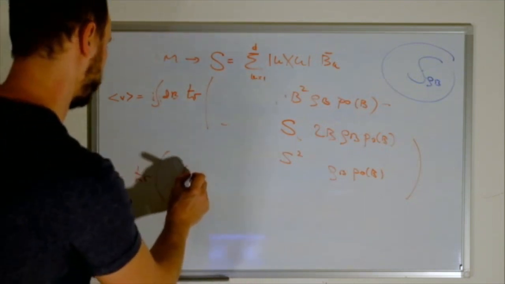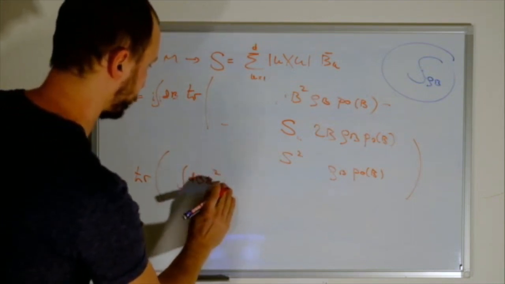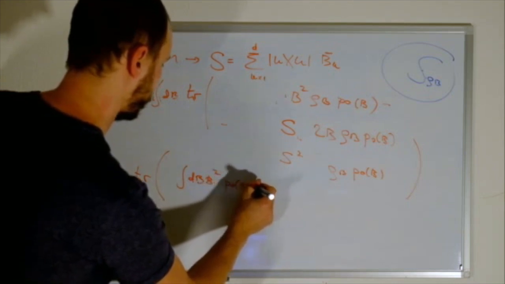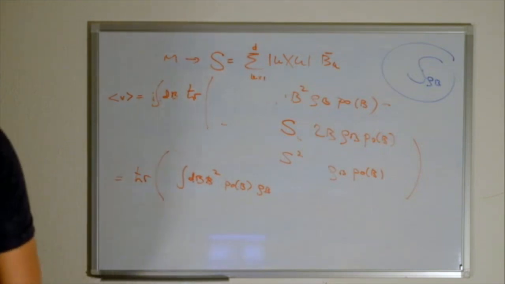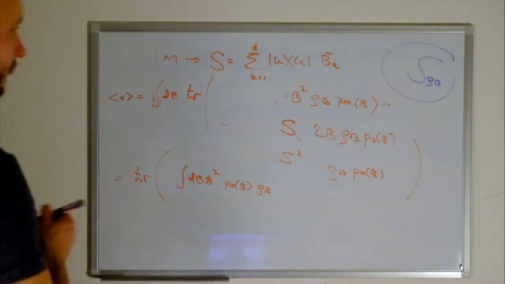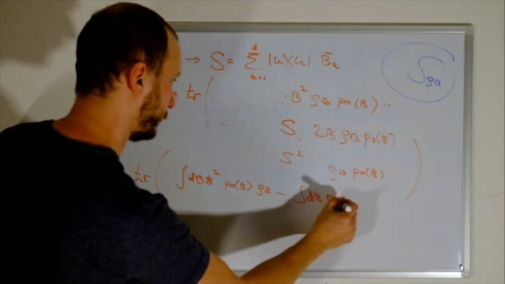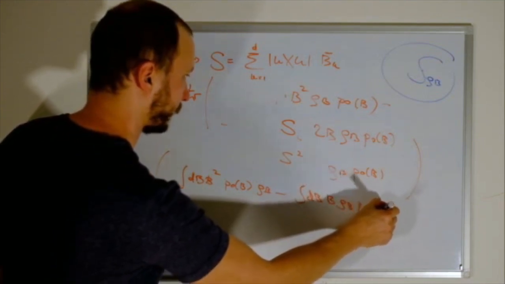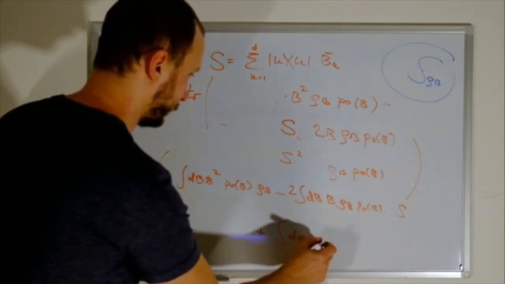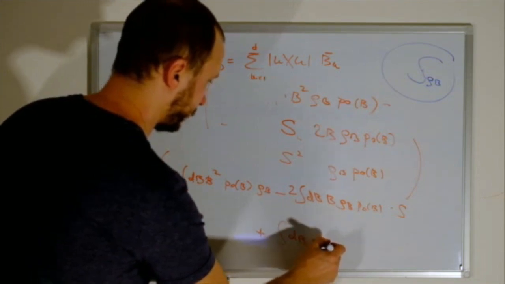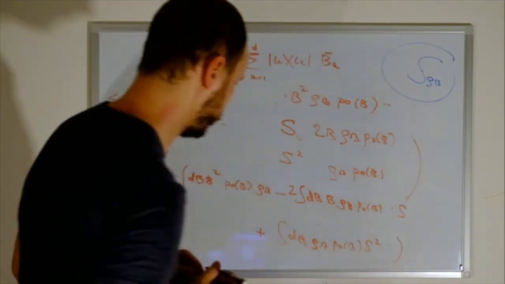We have the trace of the integral of db b squared rho(b) P0 of b, minus 2 times the integral of db b rho(b) P0 of b times S, plus finally the integral of db rho(b) P0 of b times S squared. Okay, those are the terms.